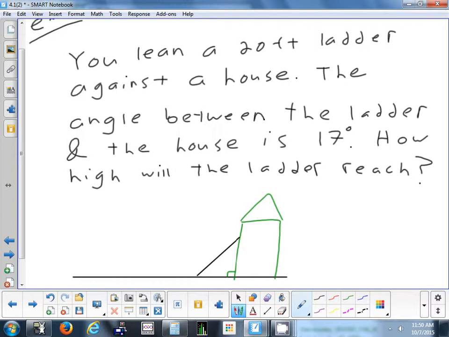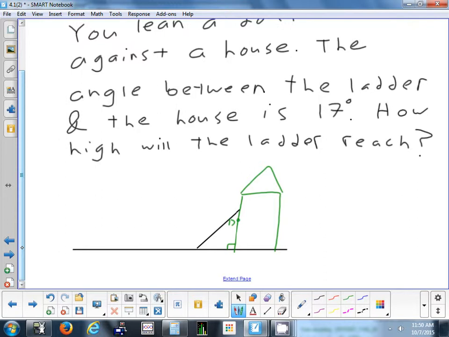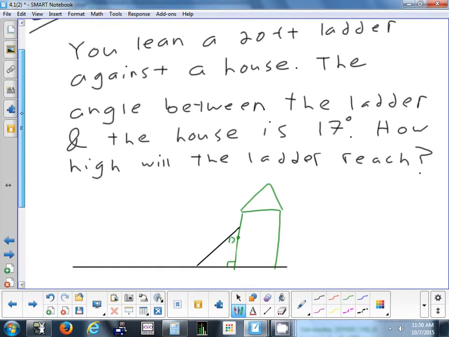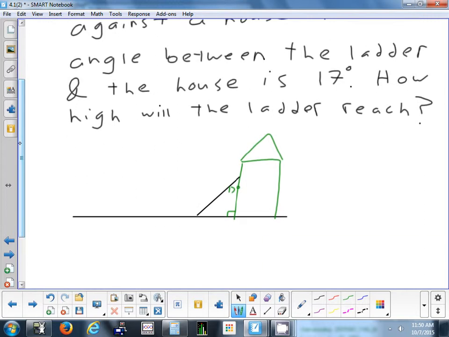The house, that's the green line. And it says the ladder is 20 feet long. So what is the ladder really in this problem? The hypotenuse.